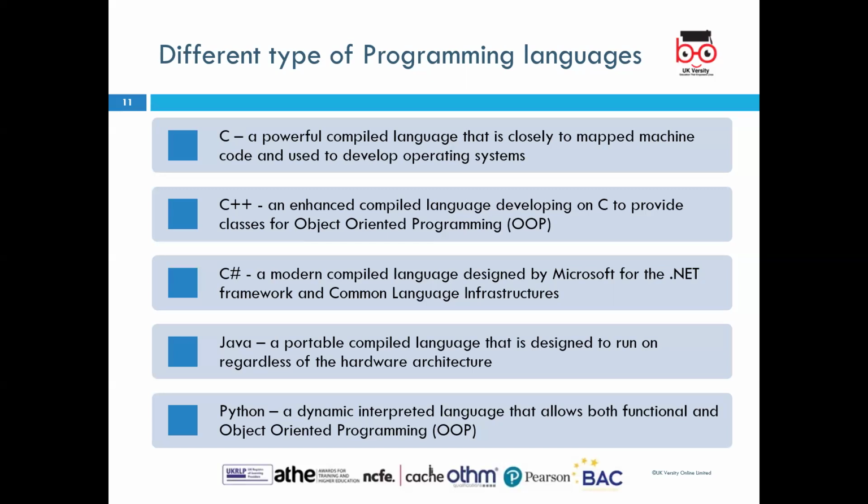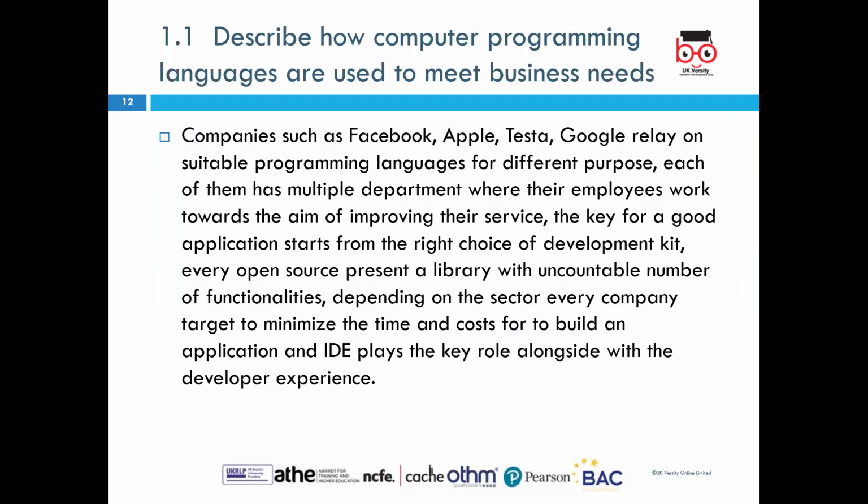C#, which is a modern compiled language designed by Microsoft for the .NET framework and common language infrastructures. Java, which is a portable compiled language that is designed to run regardless of the hardware architecture. And Python, which is a dynamic interpreted language that allows both functional and object-oriented programming.